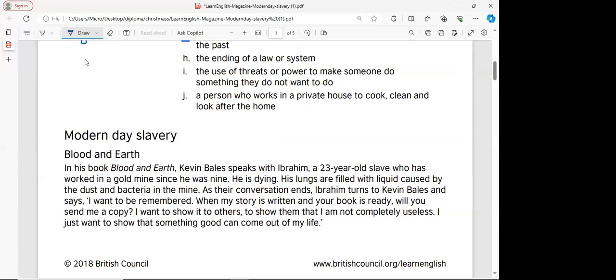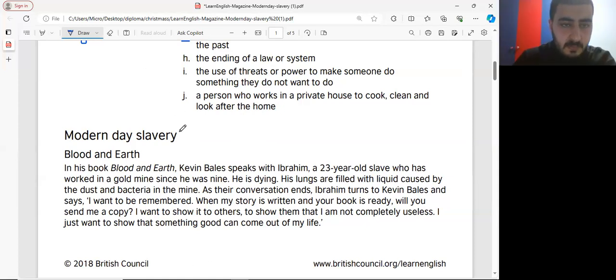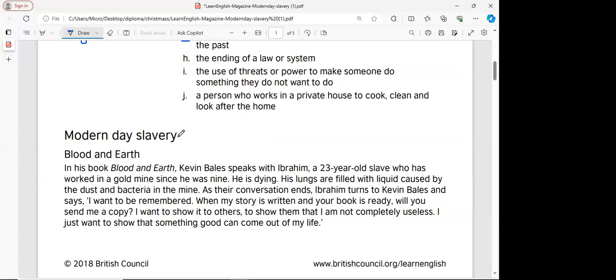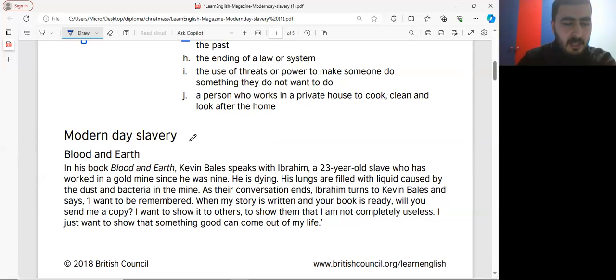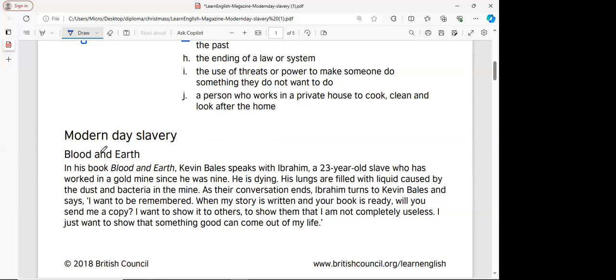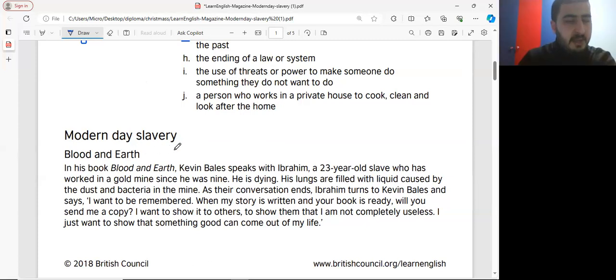Modern day, meaning the modern. Slavery. Slavery means enslavement. Good job. Modern slavery. Blood and Earth, meaning blood and land. Okay, Blood and Earth, exactly.